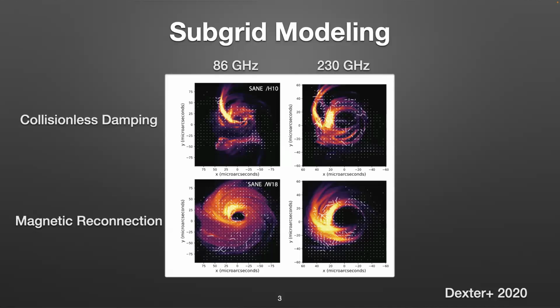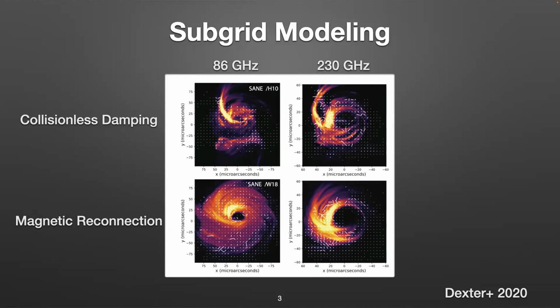Some of the work exploring the impact of subgrid modeling in black hole accretion flows has been done in very recent years, in parallel with many other studies that explore various heating mechanisms on the right end of the spectrum that are potentially responsible for heating of the plasma in these sources, and the implications for how we infer observations from these. So what we are looking at are images obtained from the same simulation at two different wavelengths in the columns, and two different subgrid models capturing two different pieces of physics, right?